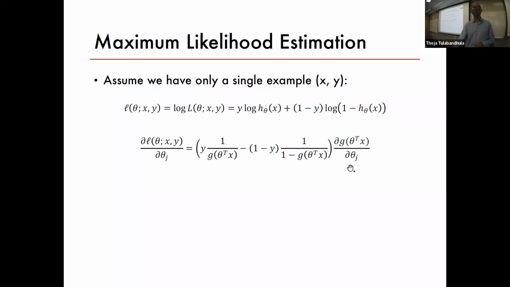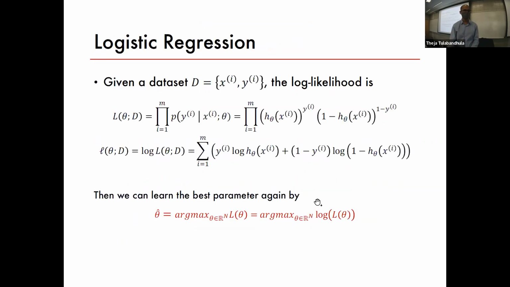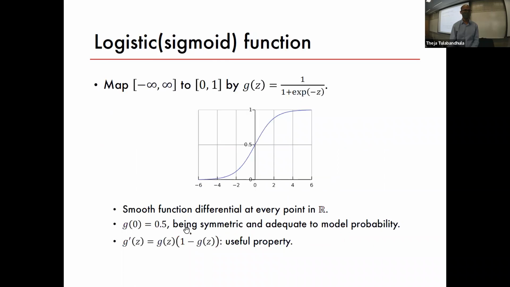And here's where the fact that we saw 2 slides ago comes in. 2 slides ago, we said the gradient of g, remember, is the sigmoid function. Remember, the gradient of g with respect to z is g of z times 1 minus g of z. Here, the gradient of g of z is just g of z itself times 1 minus g of z.